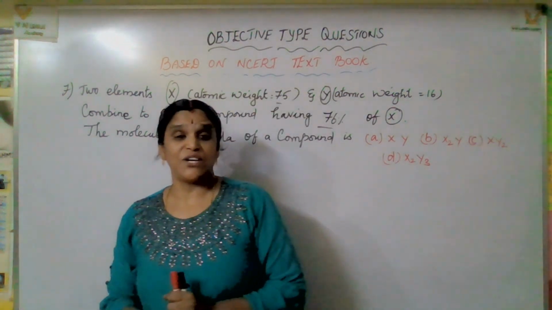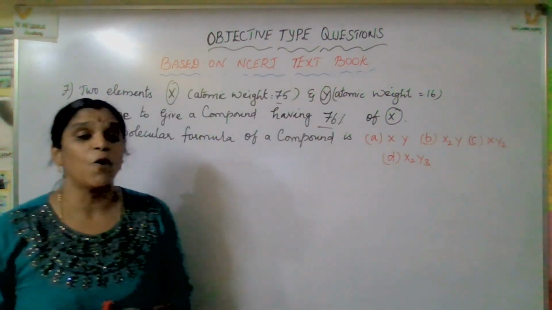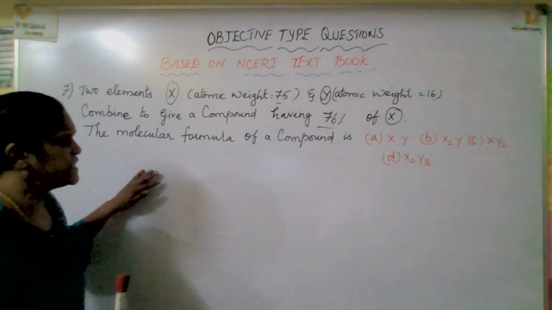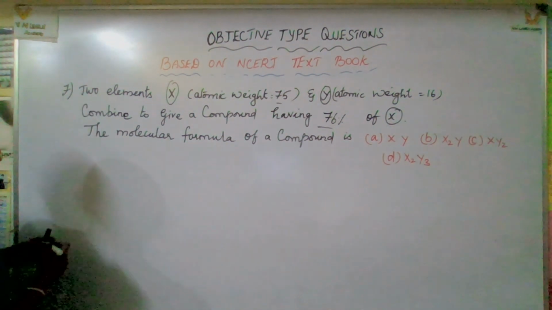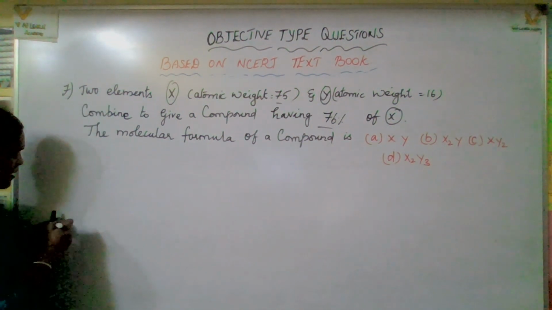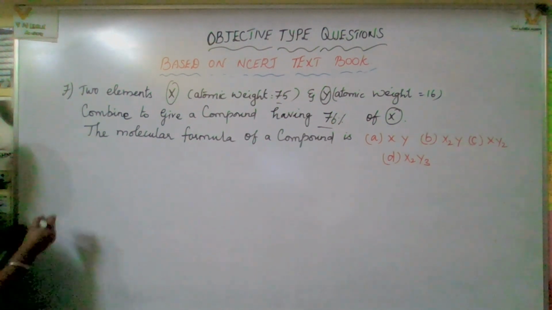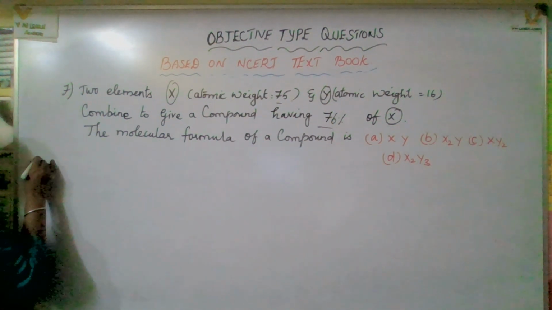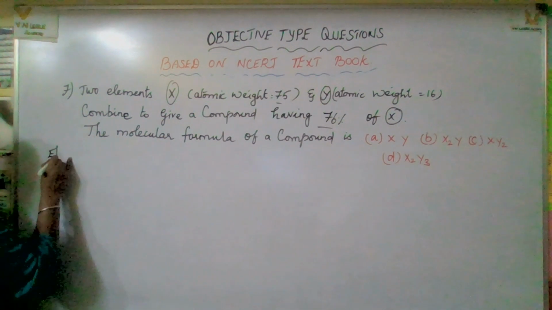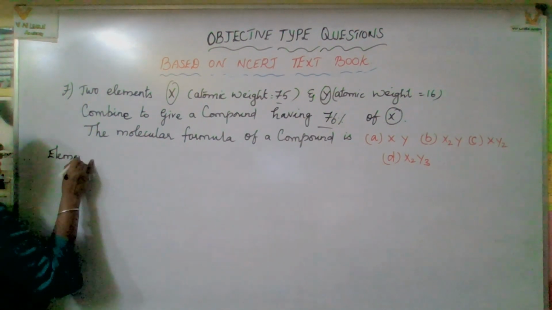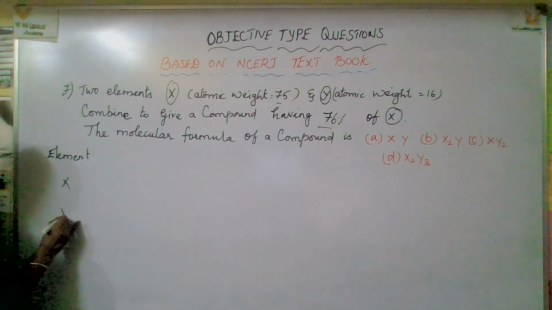Already I mentioned how to identify the empirical formula. It's very simple. If you go column-wise, we can easily identify. First and foremost, the elements present are X and Y.